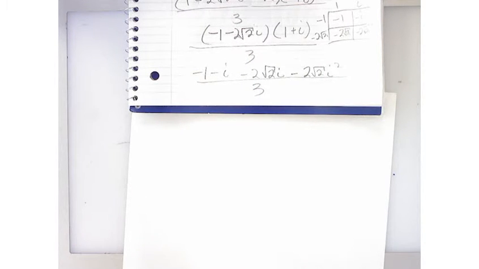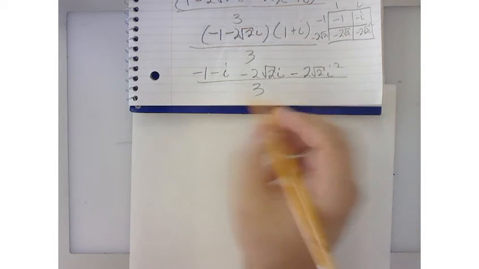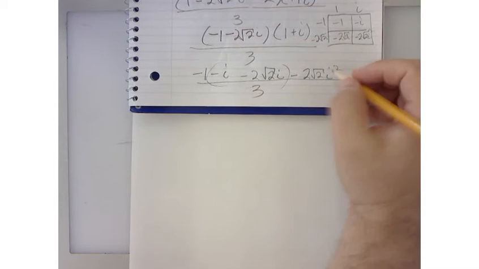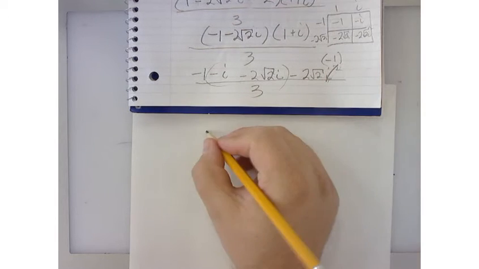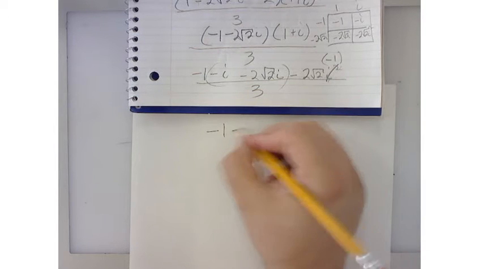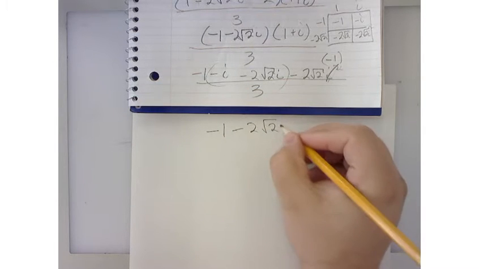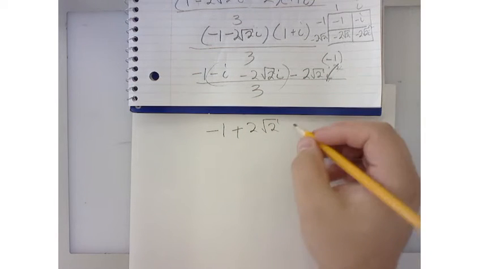So then on the next line, I need to clean that up a bit. I have the i's here. This i squared is actually the same as -1. So I've got -1, and minus 2 root 2, and it's actually a plus because a minus times a minus becomes a plus. So those are the real components.